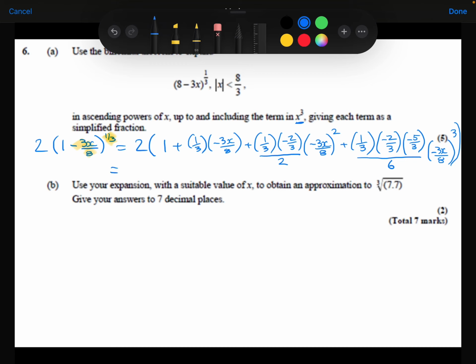Right, let's simplify that. We'll leave the 2 at the front for now. The 1 will just simplify to be 1. Then we're going to have plus 1/3 times minus 3 over 8. So the 1/3 and the 3 will cancel out, and I'll get minus 1/8 x.